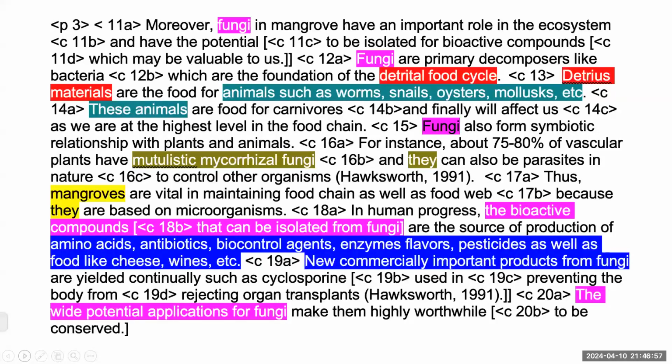Again, what was more interesting to me about the second text was we have fungi being used, continuous thematic progression, but we do have linear thematic progression as well. We have this, I'm not sure how to pronounce the word really. Detritus materials are the food for animals such as worms, snails, oysters, etc. These animals, well, that's linear thematic progression. Fungi is repeated.